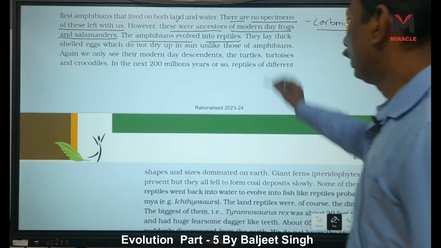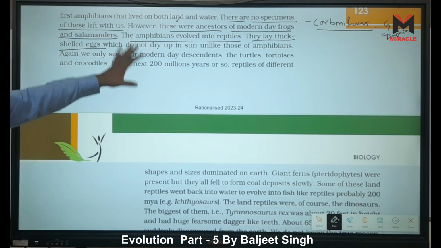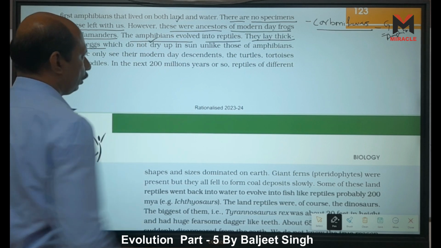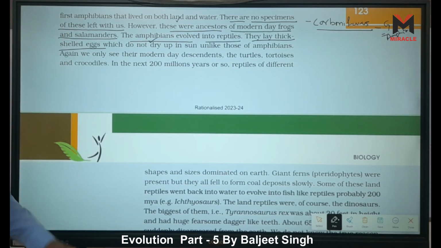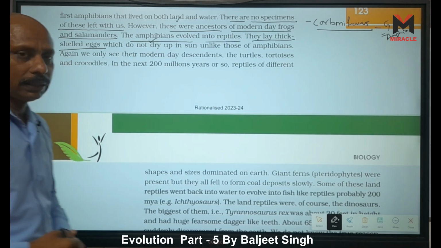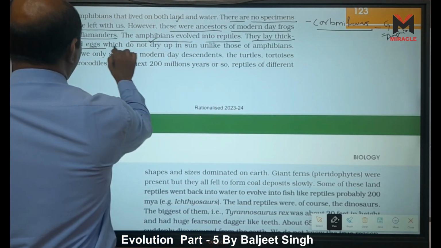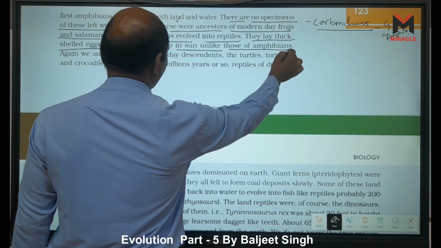Amphibians lack thick shelled eggs. Today also amphibians have no thick shell, but reptiles have thick shelled eggs, and these egg cells have leathery shells, right? Which do not dry up in the sun, unlike those of amphibians.